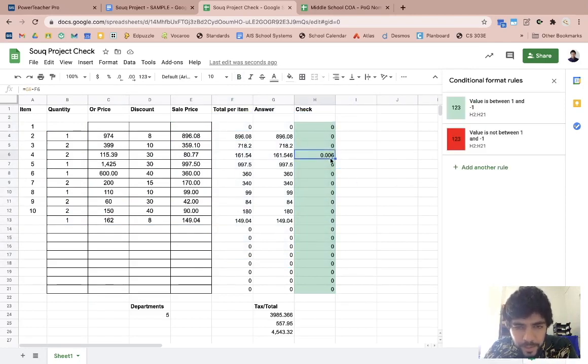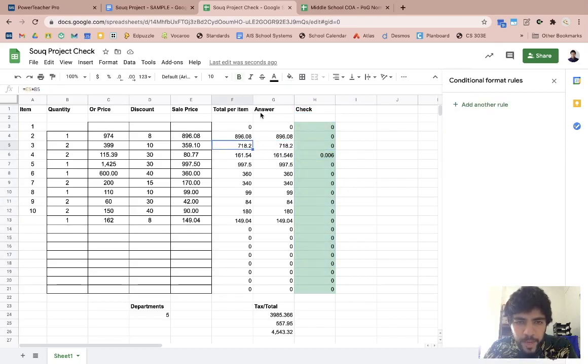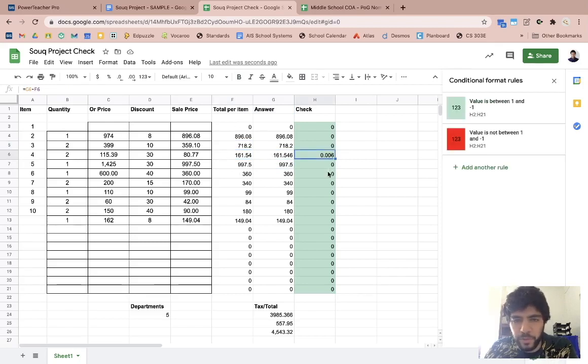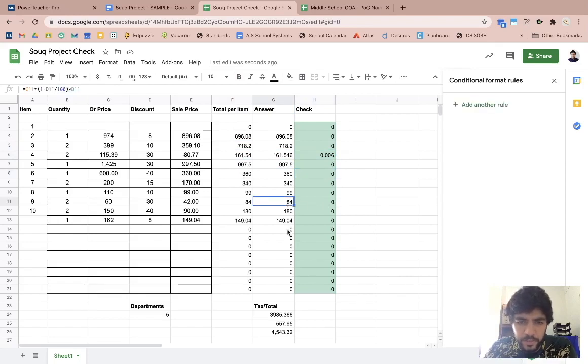If the difference is something very small, so basically what this column does is it calculates the difference between my answer and your answer. And so here we see there's a difference of 0.006. That's fine. That's not something that you would lose points on. If the difference is more than 1, then I would look into it. But otherwise, it's going to be green. Let's say, for example, that this number was wrong.